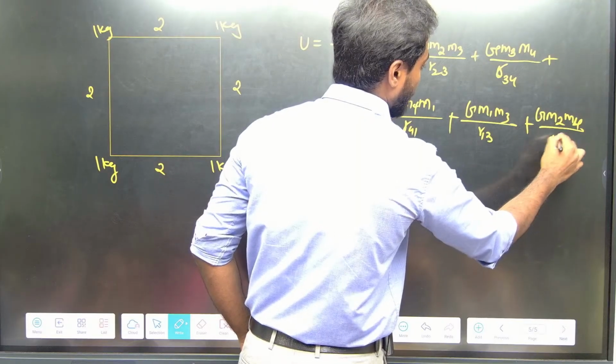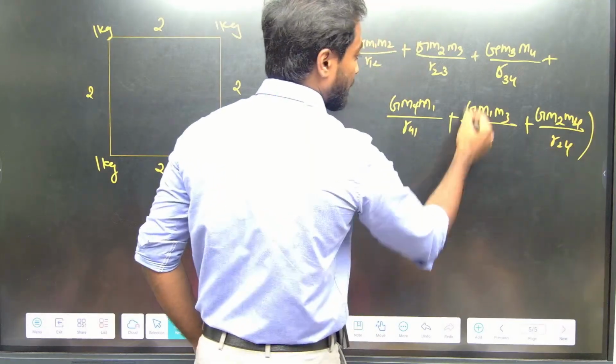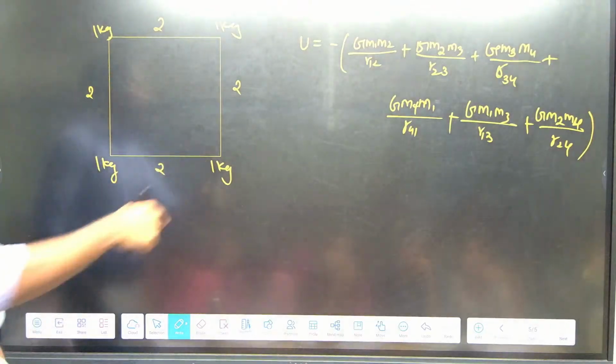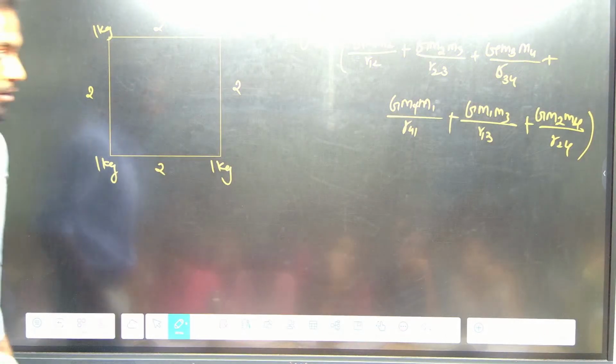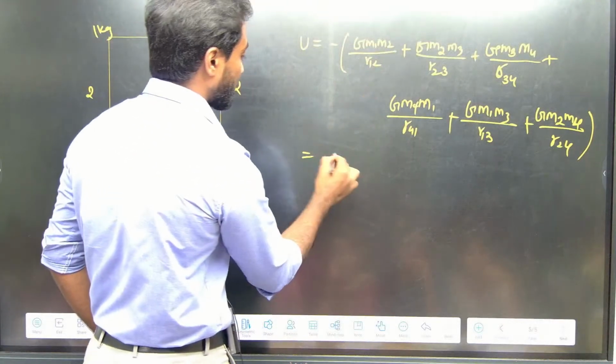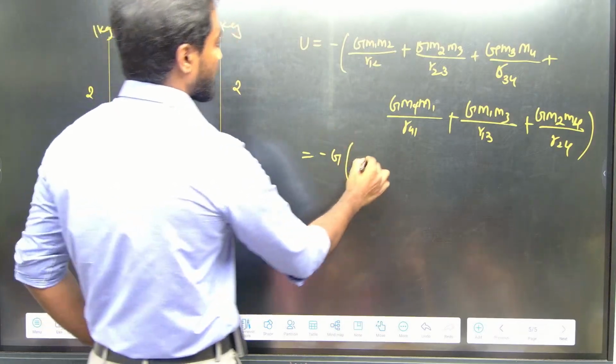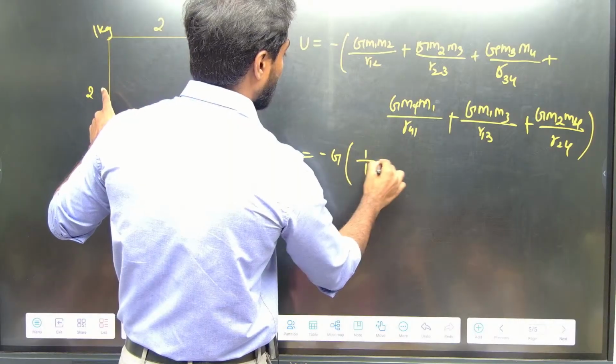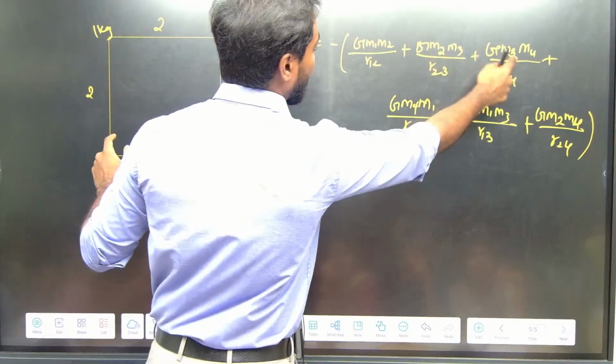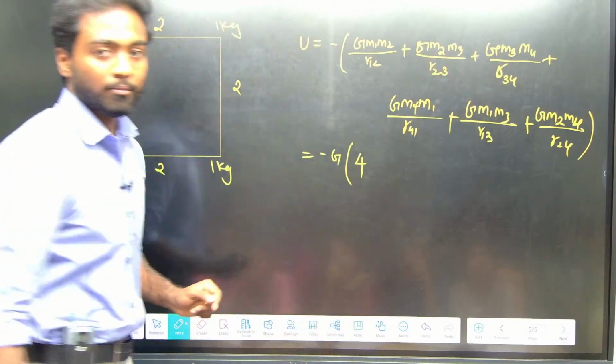So only for these two I need to take the hypotenuse, that is the diagonal of the square. The remaining things I can find here. G I can take commonly outside. So one is 1 by 1 plus, everything 1 plus 1 plus 1 plus 1, that is 4, correct?